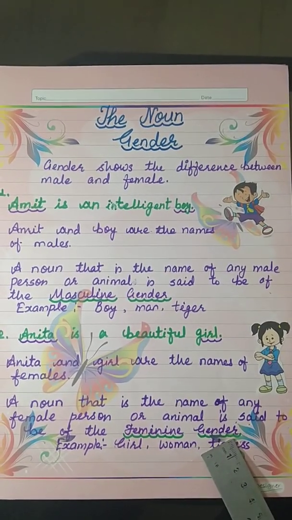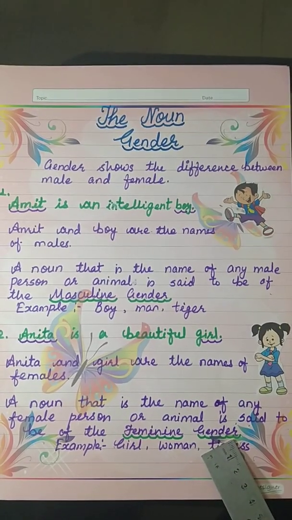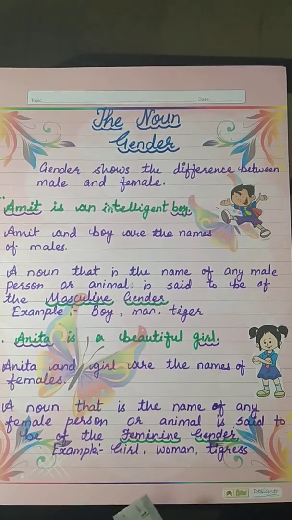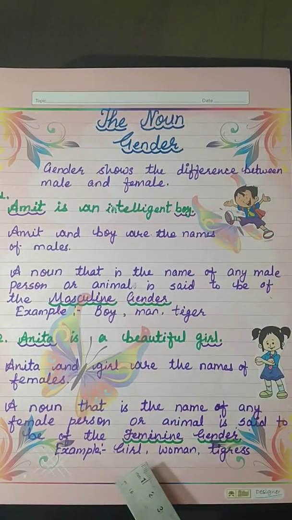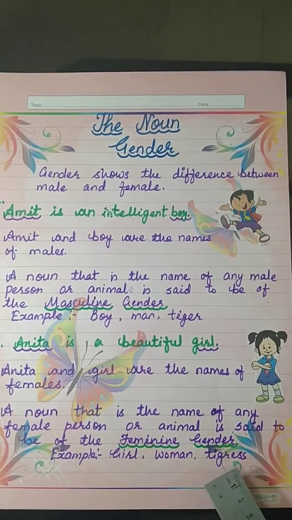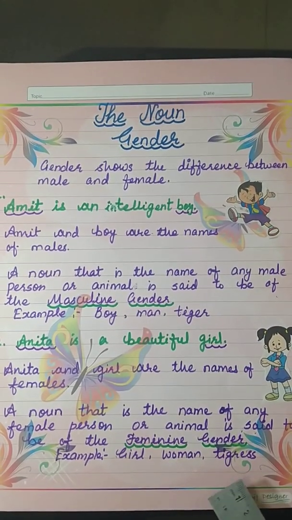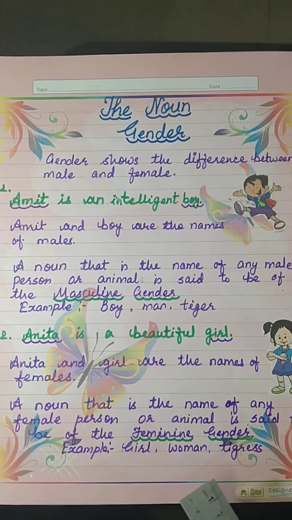Okay. Means feminine gender refers to females. For example, girl, woman, tigress. We all categorize in feminine gender.